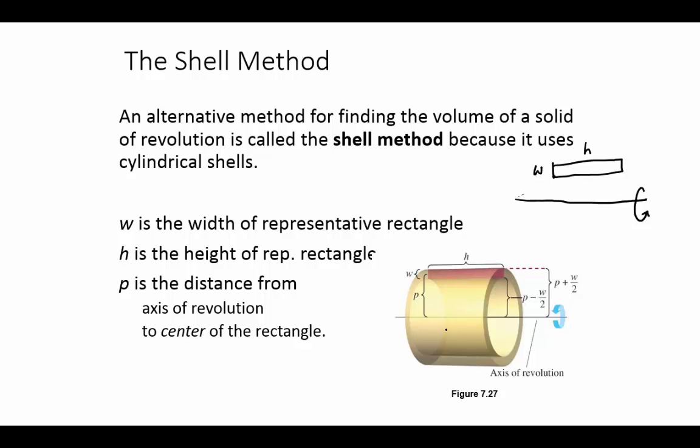In order to figure out the volume of this cylindrical shell, we need three dimensions. We need the width, we need the height, and then we need to know the radius to the middle of that rectangle. Draw a line right down the middle. This radius that goes from the axis of revolution to the middle of that rectangle we refer to as p.